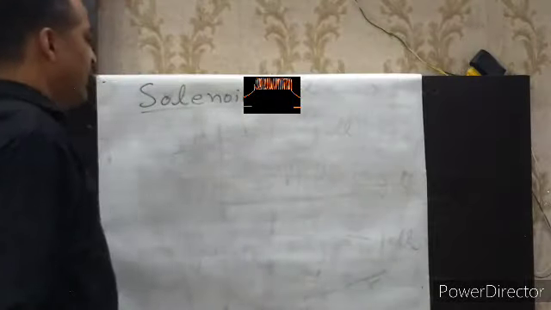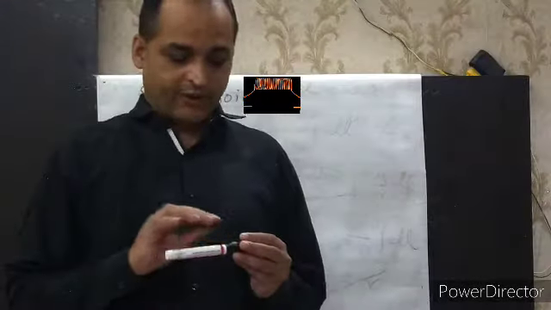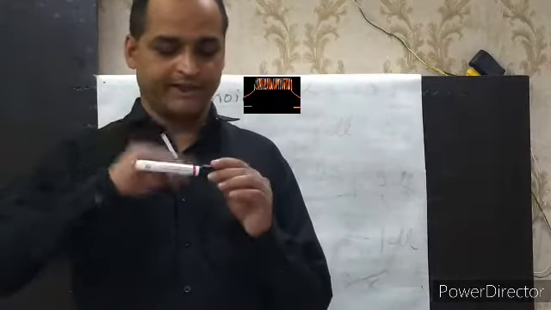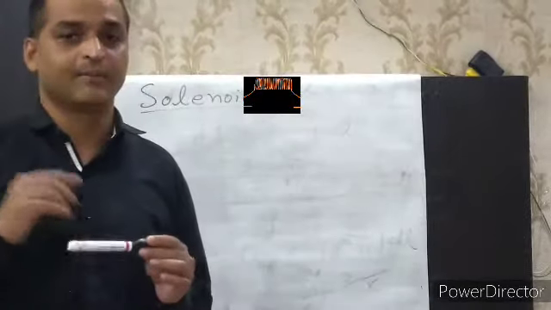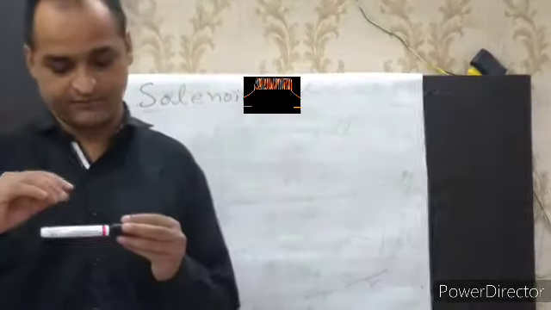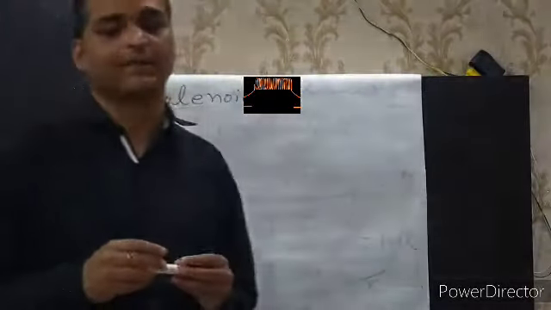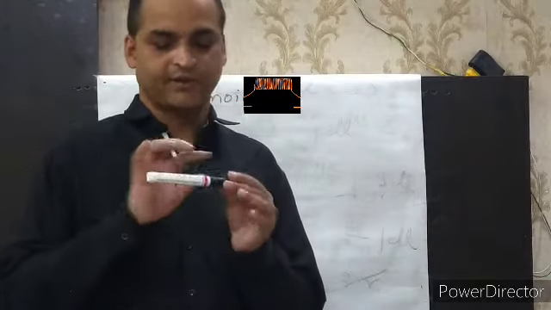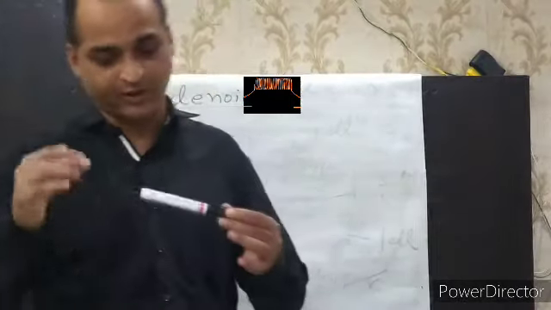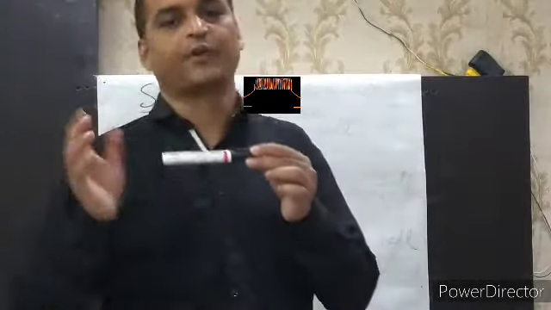What is a solenoid? A solenoid is a non-conducting core wound with a large number of turns of copper wire. The core is a cylindrical, hollow, non-conducting core, and a wire is wrapped over it.